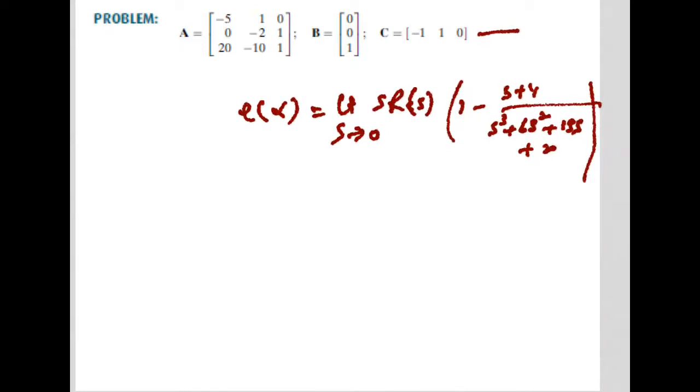And finally when we multiply this, we get the final equation.